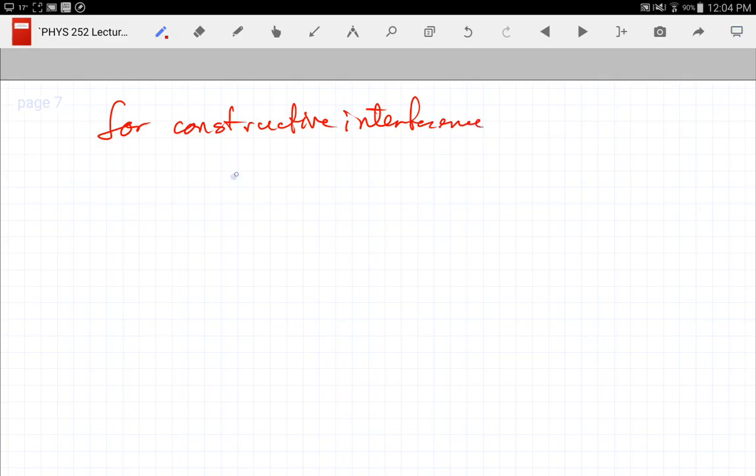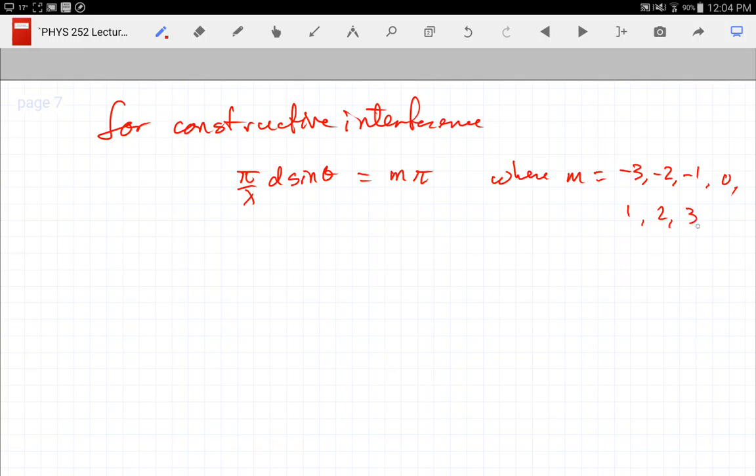Interference, we need pi over lambda d sine theta is equal to m pi, where m is just a positive or negative integer. And so once again, I can solve this to quickly get d sine theta is equal to m lambda.